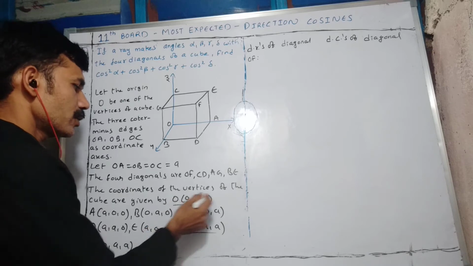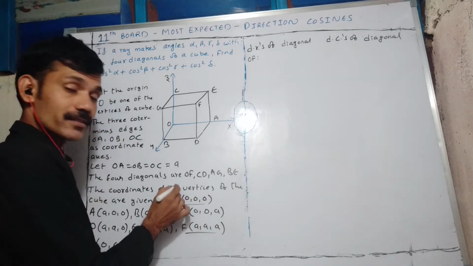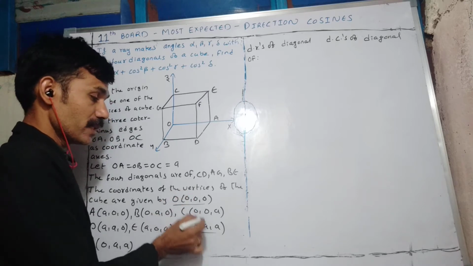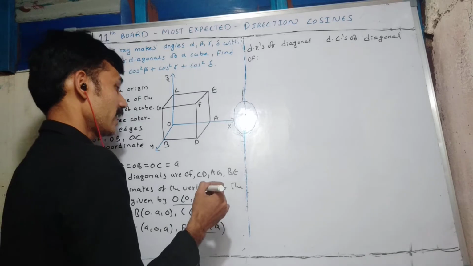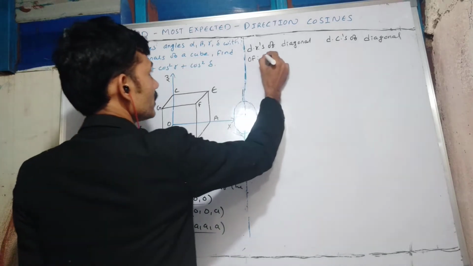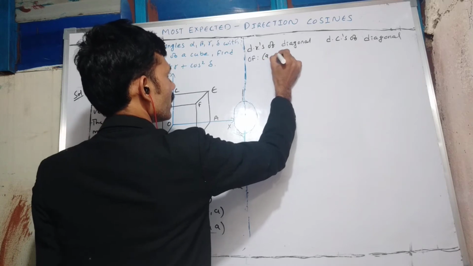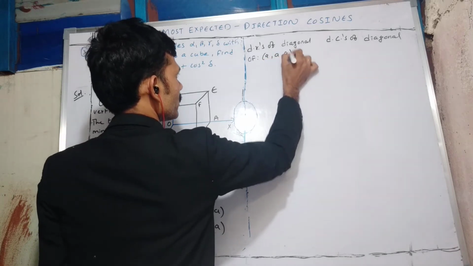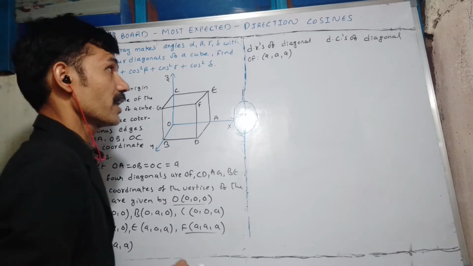How will you find it when two coordinates are available? x2 minus x1, y2 minus y1, z2 minus z1. That will give the direction ratios of the line. So this will be a minus 0, that is a, another a minus 0, a, another a minus 0, a. So these are the direction ratios of the diagonal OF.